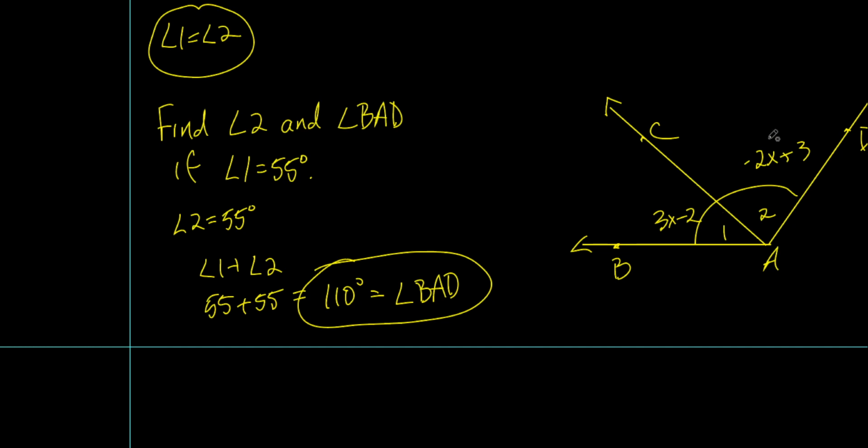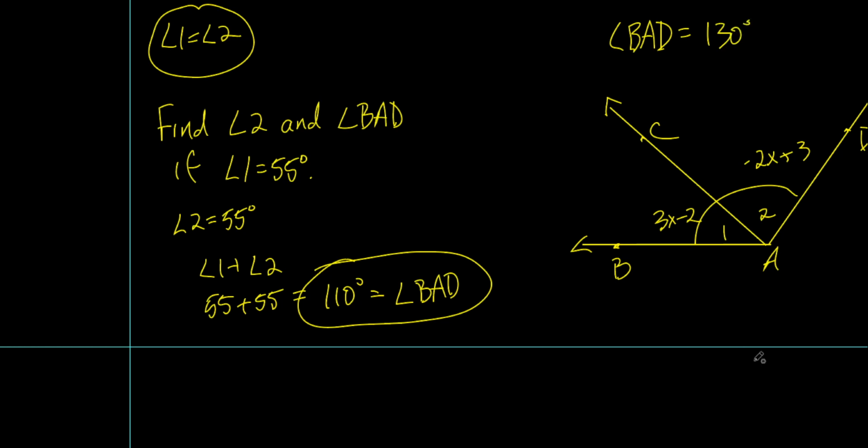It's not going to be exactly like it. And they're not always going to say that 1 and 2 are equal to each other. They might tell you that angle BAD is equal to, I don't know, like 130 degrees or something like that.